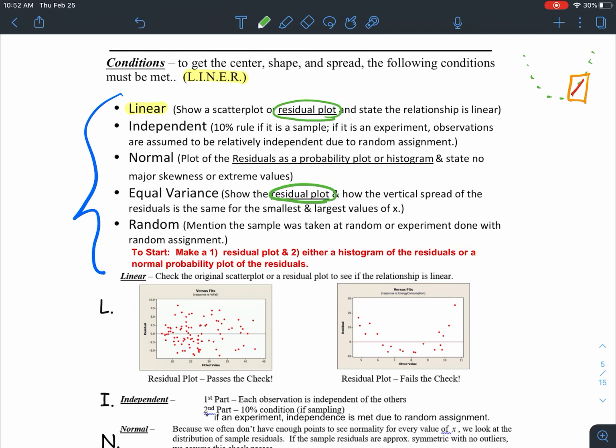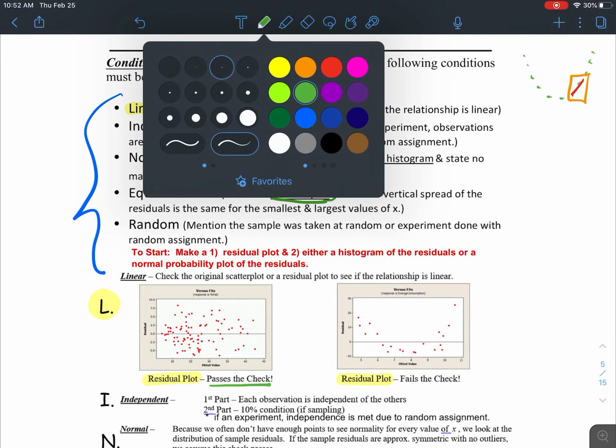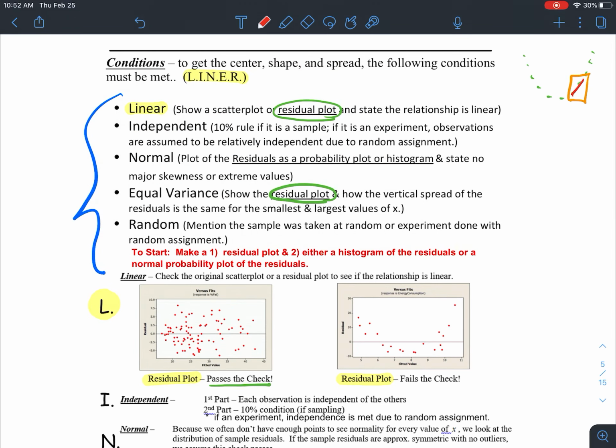So let's look at this example down here with the L for linear. You can see both of these graphs represent residual plots. The one pictured on the left is passing this check because, as you look at a residual plot, here's what you're looking for: you want to make sure that there is no evident pattern.